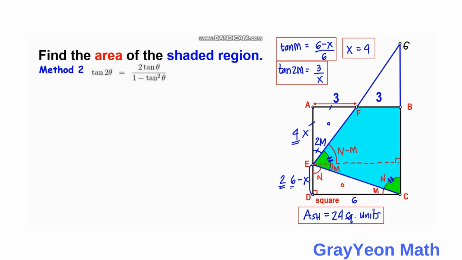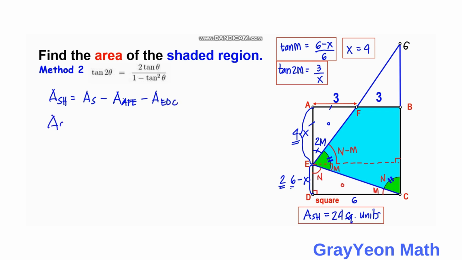And we are now ready to find the area of this shaded part. So we get the area of the square minus the area of AFE. We subtract the area of EDC.